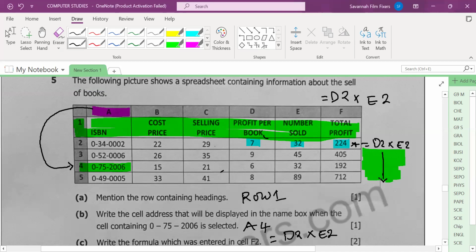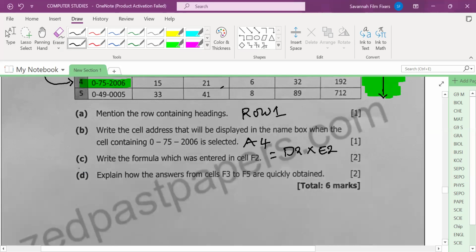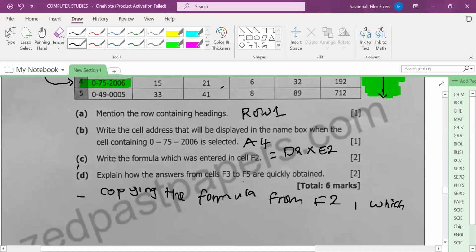So we have to translate that: we're copying the formula from cell F2, and as we copy it down, it automatically adjusts the row numbers.